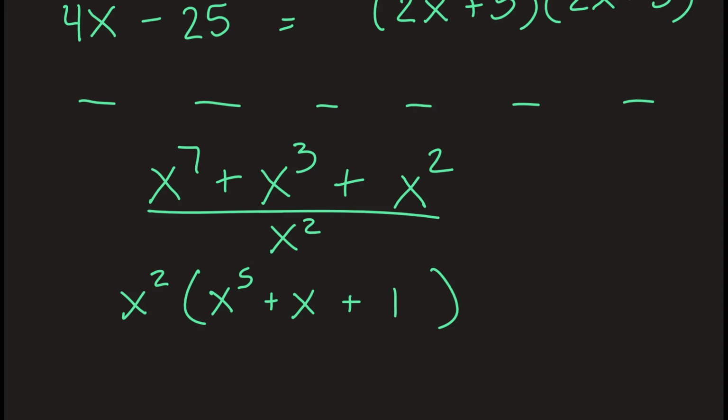Do you guys remember dividing variables with exponents? What if there are numbers there? Good question. Say there was an 8 here, and we were dividing out a 2x squared. 8x to the 7th divided by 2x squared: 8 divided by 2 you actually divide, and it becomes 4.